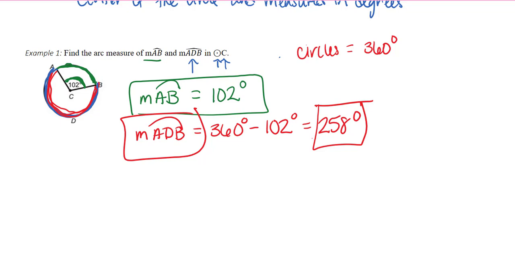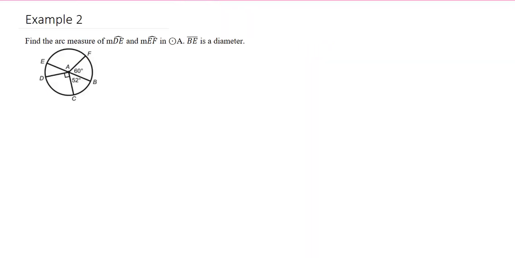Now let's go ahead and do the second example. Example 2, find the arc measure for the following. So we have DE, which is this right here that we're looking for, and we also have EF, which is right here. So in the circle A, we need to know that BE is the diameter.